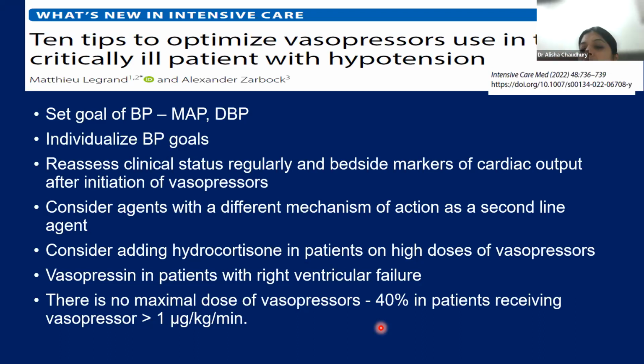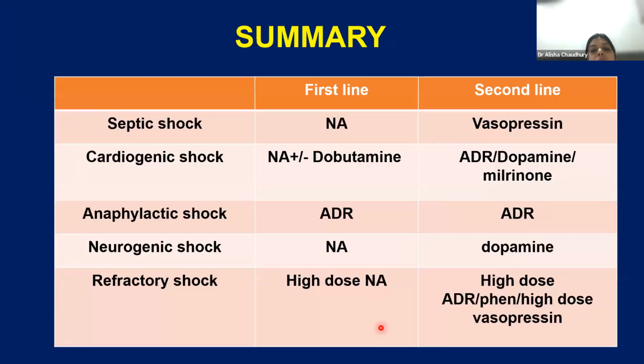There is no maximal dose of vasopressors. 40% of patients have been seen to even receive vasopressors at a dose of more than 1 microgram per kg per minute. So if I want to summarize the various types of shock: in septic shock, the first line is noradrenaline. In cardiogenic shock, if the blood pressure is very low, then noradrenaline would be a better option initially, till you make sure that the patient's volume status is adequate.